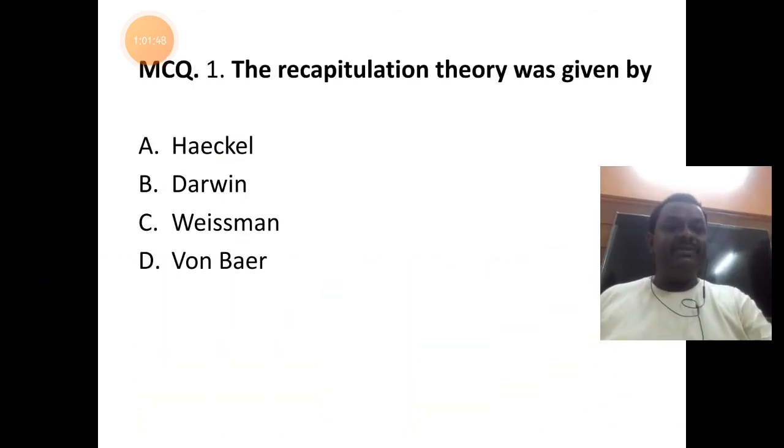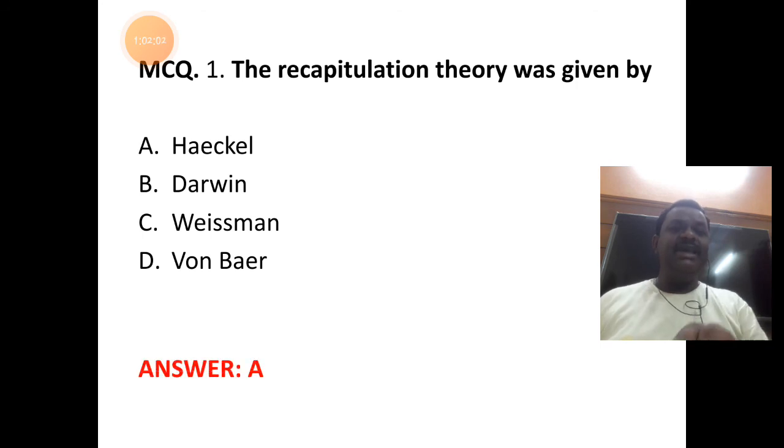Well, students, with this we are completing the concept of embryological evidences of organic evolution. A few MCQs to understand. First one, the recapitulation theory was given by which scientist? It is A, Ernst Haeckel.